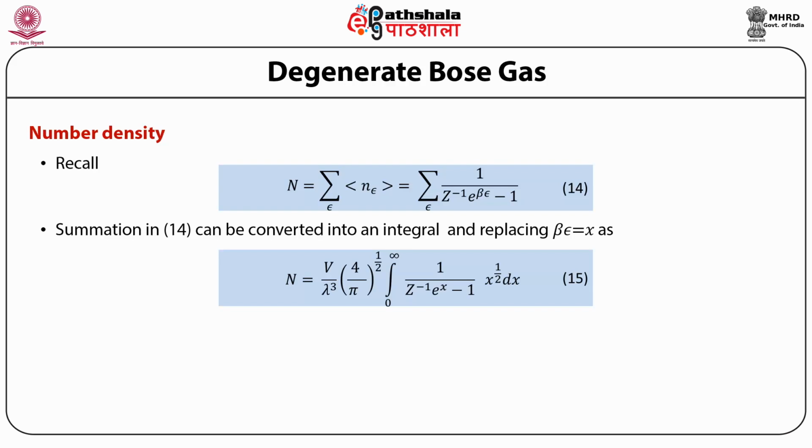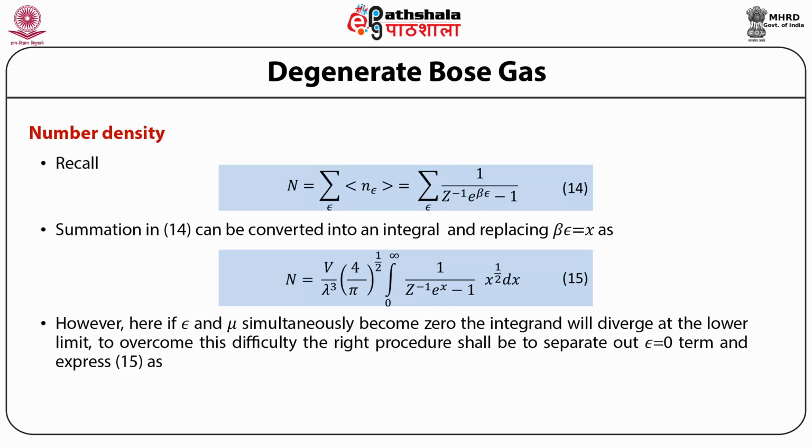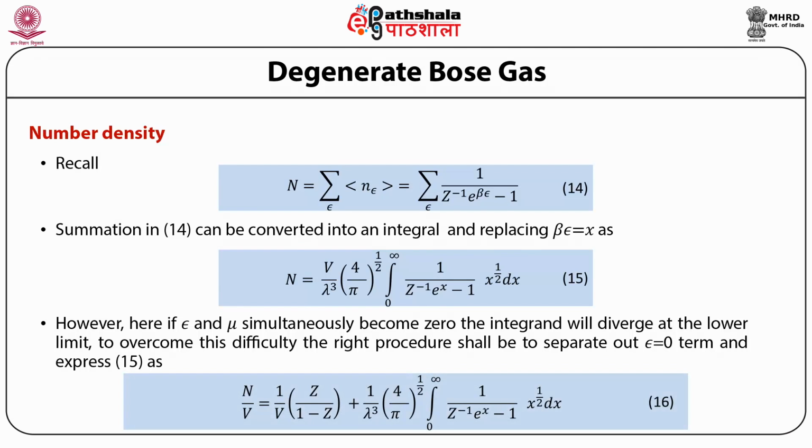However, here if epsilon and mu simultaneously become 0, the integrand will diverge at the lower limit. To overcome this difficulty, once again, the right procedure shall be to separate out the epsilon is equal to 0 term and express 15 as N upon v is equal to 1 upon v multiplied by z upon 1 minus z, plus 1 upon lambda cube multiplied by 4 upon pi raised to power half integral from 0 to infinity of 1 upon (z raised to power minus 1 e raised to power x minus 1) multiplied by x raised to power half dx.